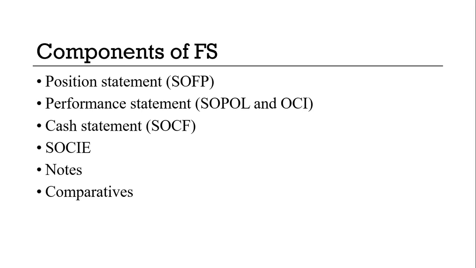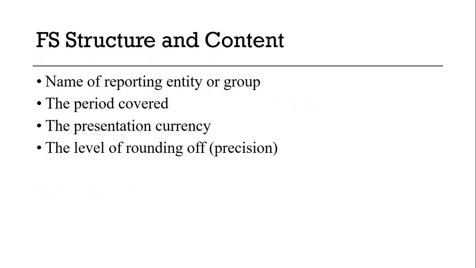We now have what we call other comprehensive income. The cash statement, which is a statement of cash flows. The statement of changes in equity, which shows us owner's interest in the business. Then also the notes to the financial statements for those items which we cannot recognize in the statements, as well as comparatives. These are financial statements from the previous year.